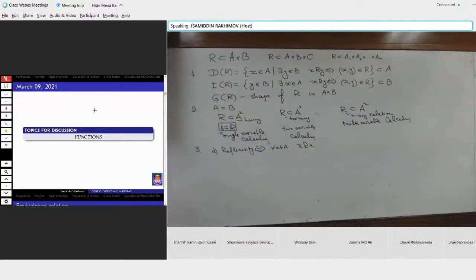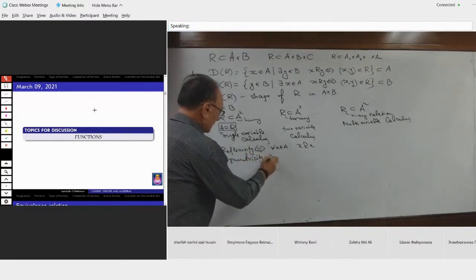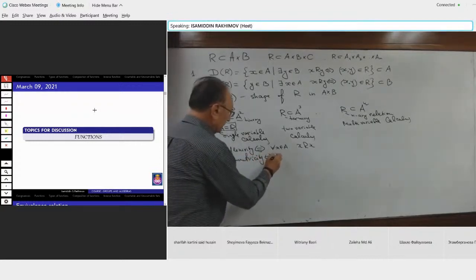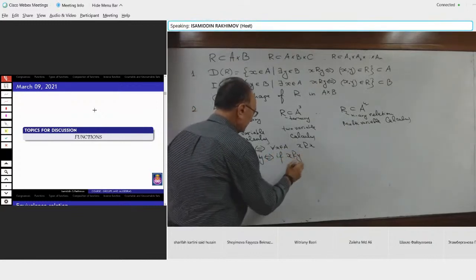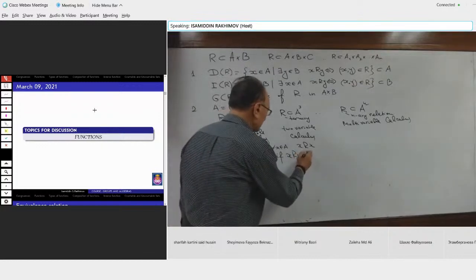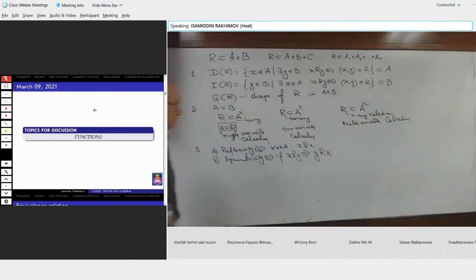The second property is symmetricity. That is, if x is related to y, then this implies y also is related to x.